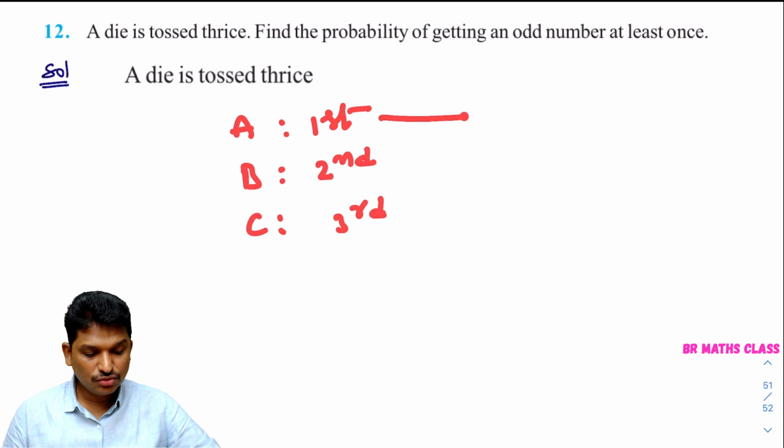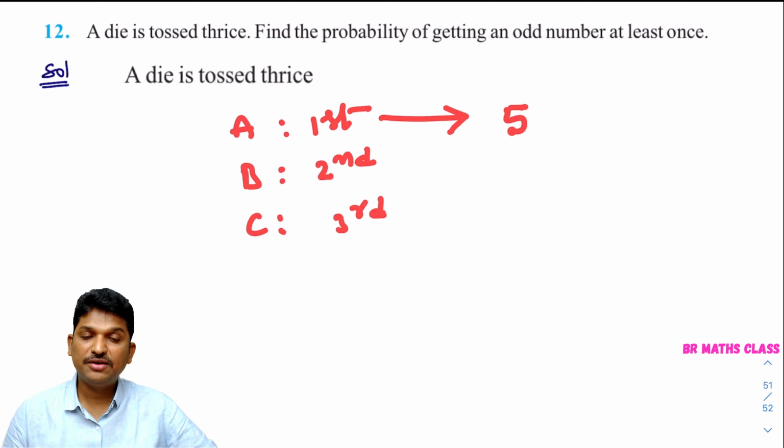Suppose when you toss a die the first time, it results in 5. Now, when you toss the die the second time, does the die think in the air, first time I came 5, so I won't come 5 again? Is it thinking like that? No. The happening of the second event doesn't depend upon the first event.